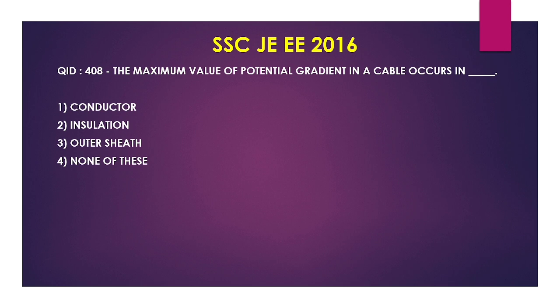The options are conductor, insulation, outer shield, and none of these. Among these four options, the maximum value of potential gradient in a cable occurs in dash. Just think and predict the answer.